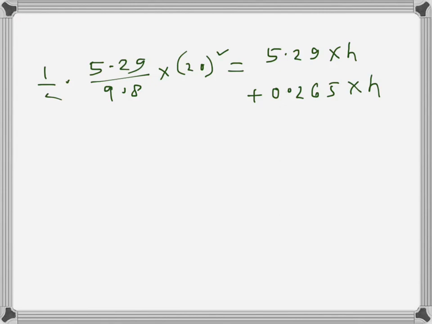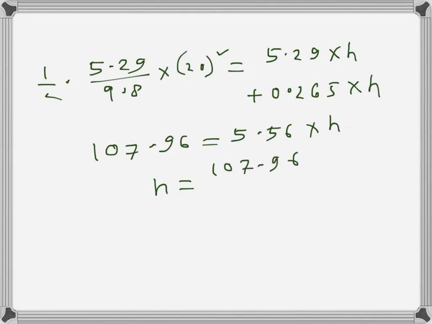So once I do that, what I got here is 107.96 and then 5.56 times h. So h became 107.96 divided by 5.56, which I got is 19.43 meters. So that's the height at which the stone will reach.